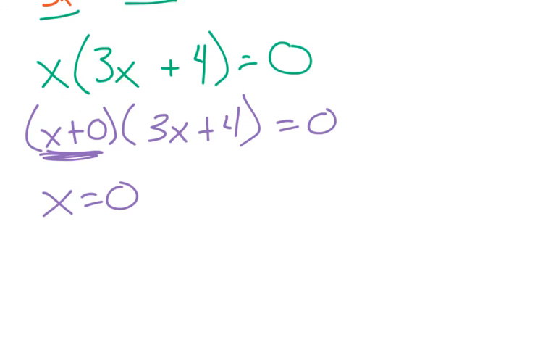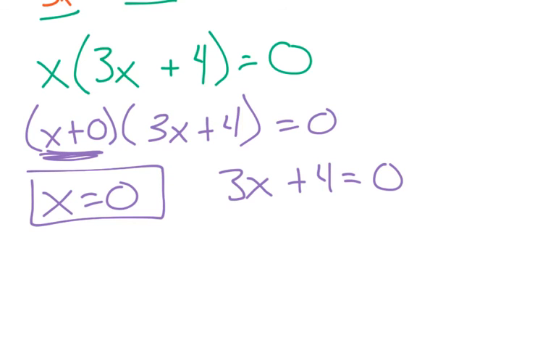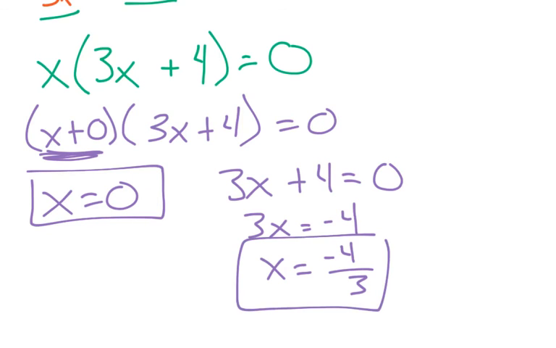And then for the other one, 3x plus 4 needs to be equal to 0. This one is a two-step equation. So 3x is equal to negative 4, and then x is equal to negative 4 over 3. So we have our x values, 0 and negative 4/3.